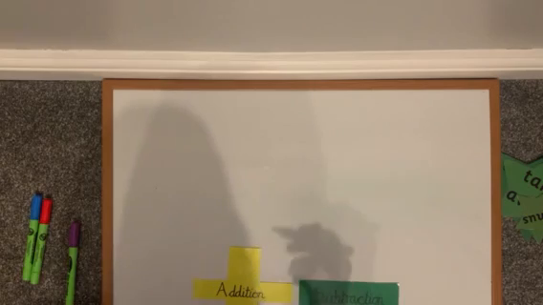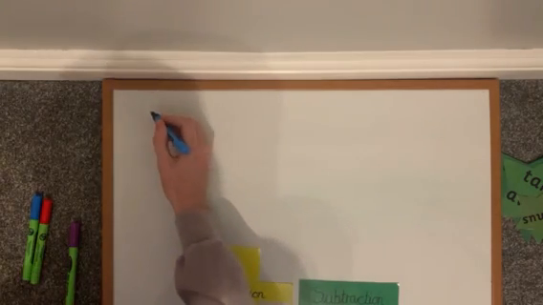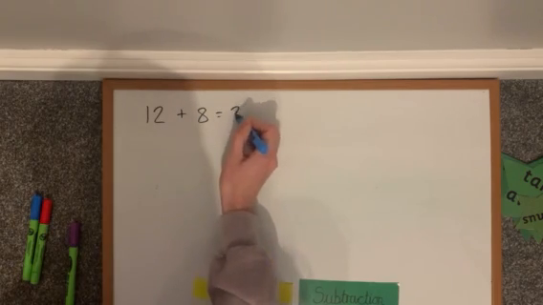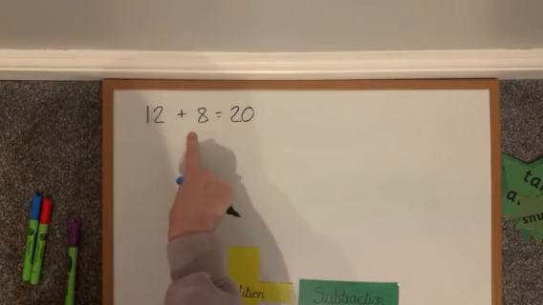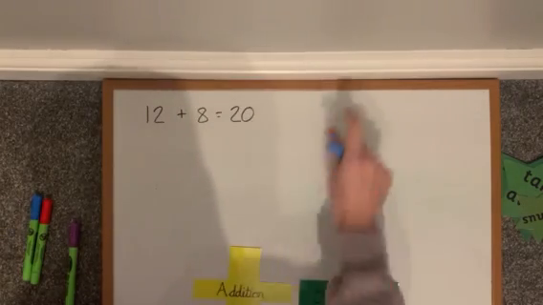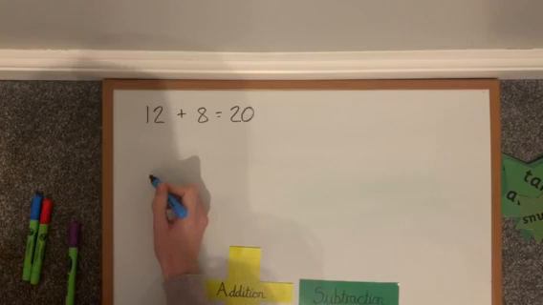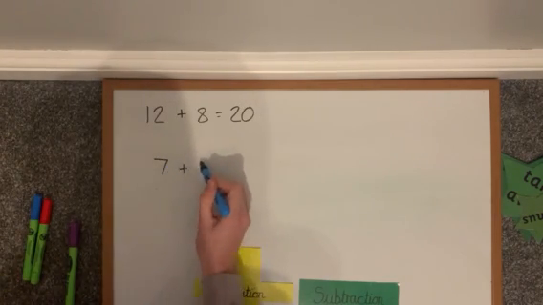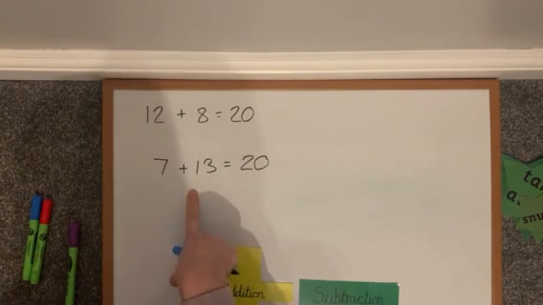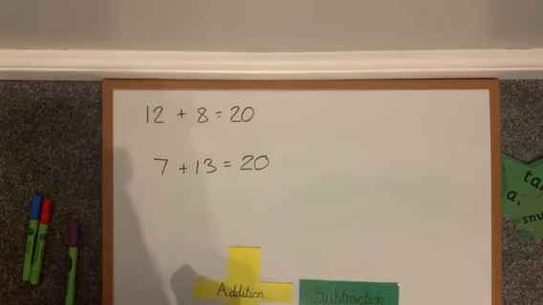So the number sentences I would like you to work out are 12 plus 8 equals 20. So you're going to find the other addition number sentence and the 2 subtraction number sentences, so 4 in total. I would also like you to work out 7 plus 13 equals 20. So again, the other addition number sentence and the 2 subtraction number sentences.